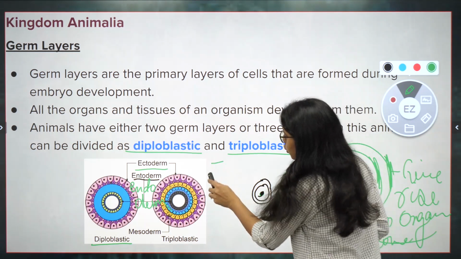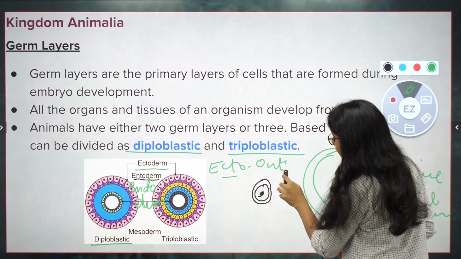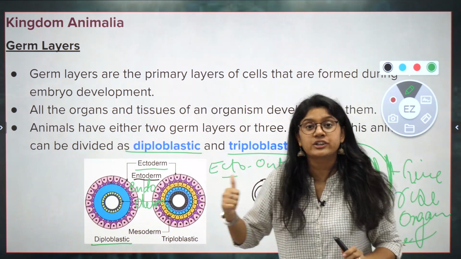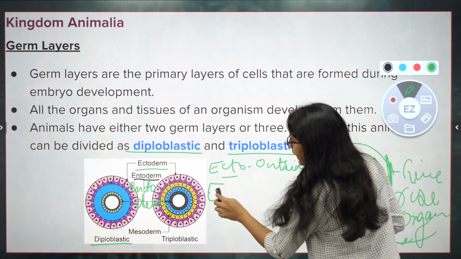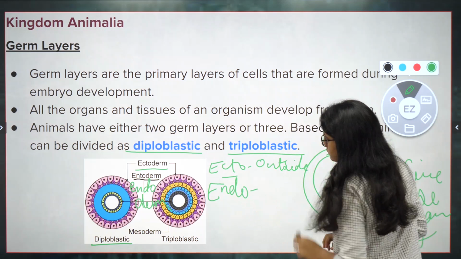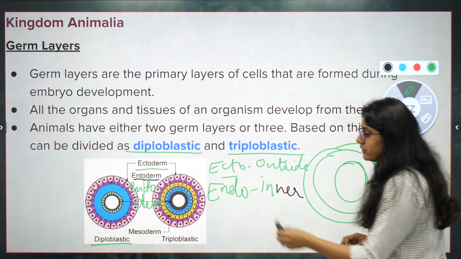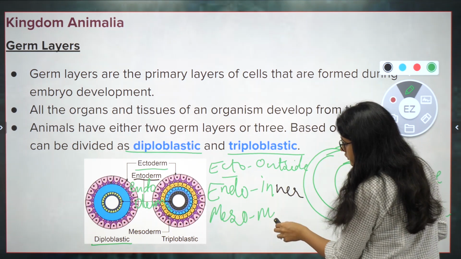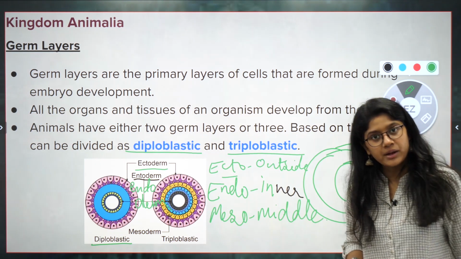So ecto is the outside. Everyone remember, ecto is the outside, the most outer layer. Endo, the inner layer. Clear? And of course the meso, as the name suggests, it will be the middle. Clear, everyone?